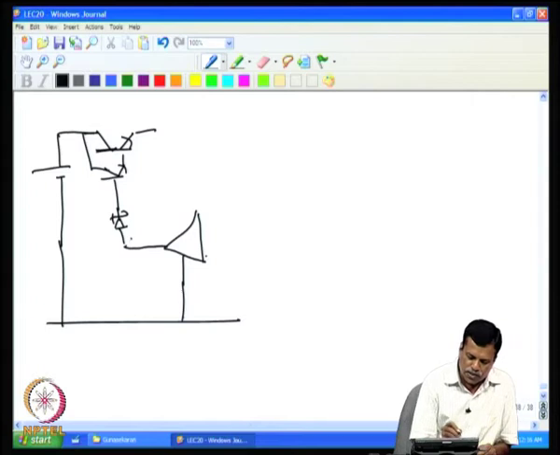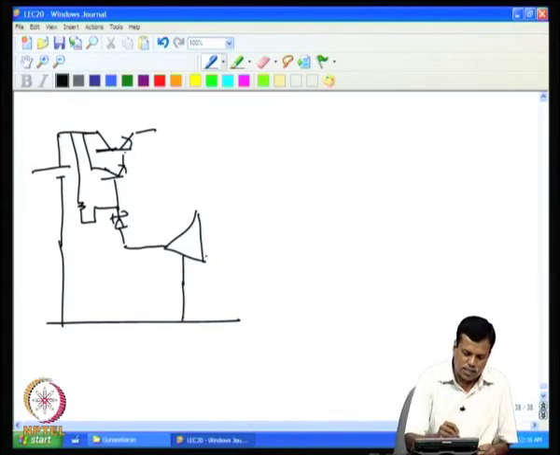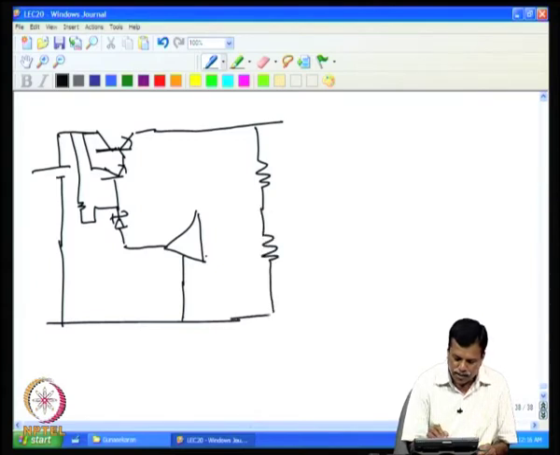Then we put a very high resistance to bias to give a base current to the transistor. Then the output of that is used with a voltage divider, and we connected this to minus, and the plus input we gave the reference voltage.